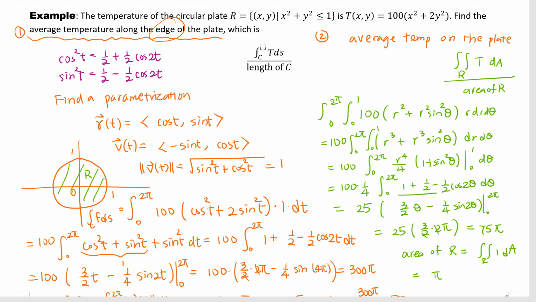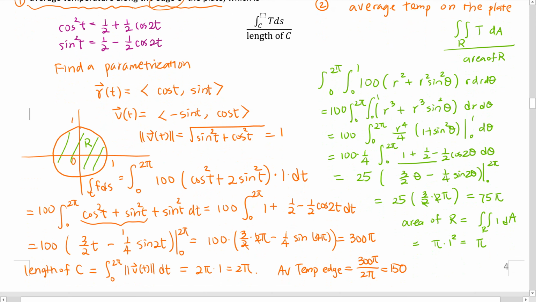So that's pi r squared, but that is just pi. So the average temperature on the whole plate equals 75 pi over pi. And we get 75. You see, it's different than the average temperature on the edge of the plate.